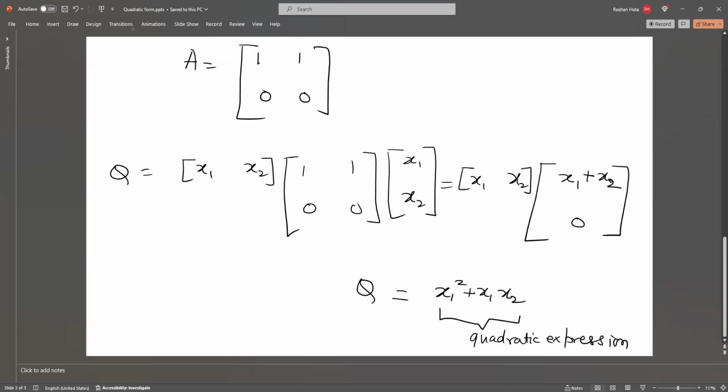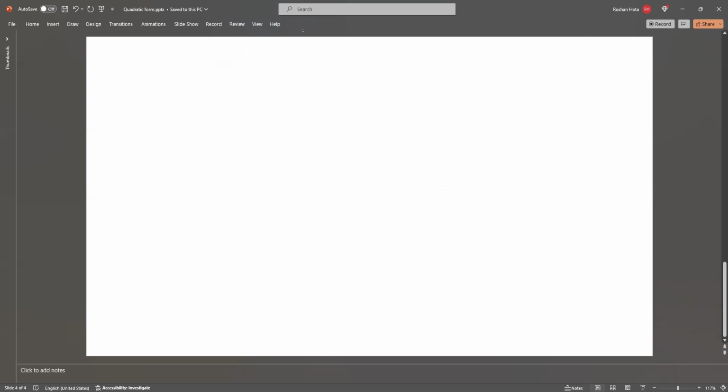So when I changed the matrix A, I got a different quadratic expression. So in essence, it means that by changing the value of matrix A, I can get different kinds of quadratic expressions. We can go ahead and try with another matrix A, which is our last example here.